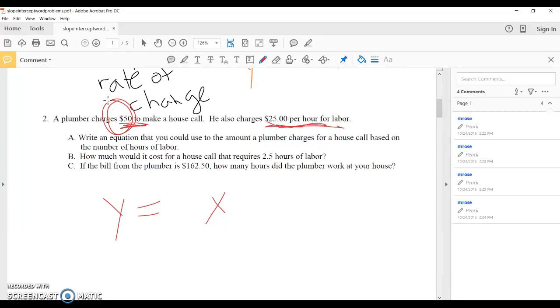Just to come out, he's going to make me pay 50 bucks. So that's my starting amount. And then for every hour, the part that changes, this could be 25 or 50 or 75 or 100, depending on how many hours he's going to be there. So that's my rate of change. So that'd be my equation right there.